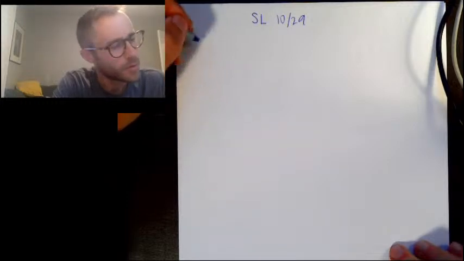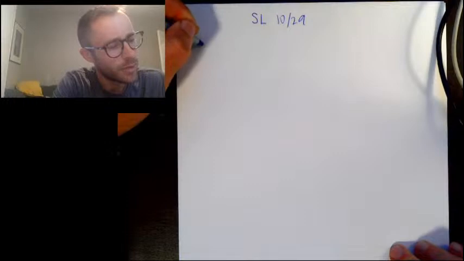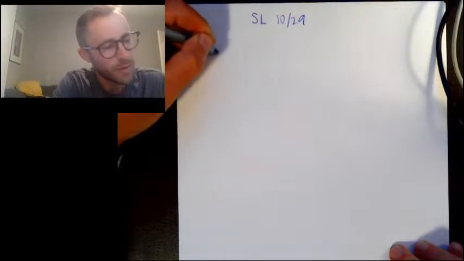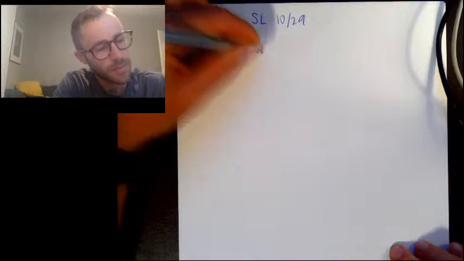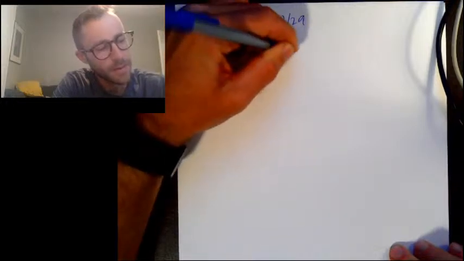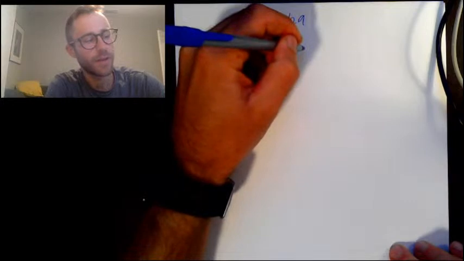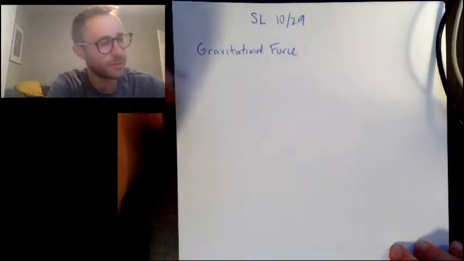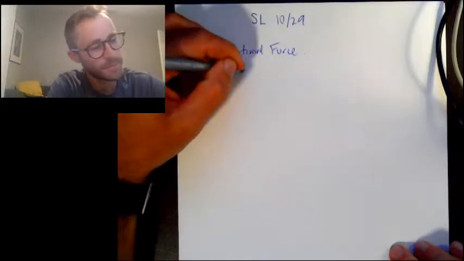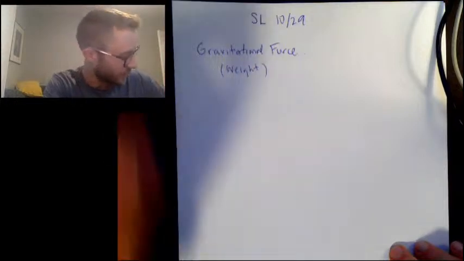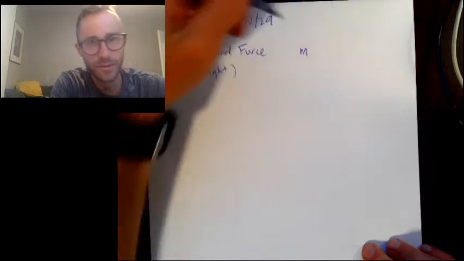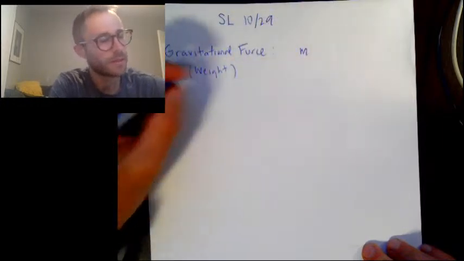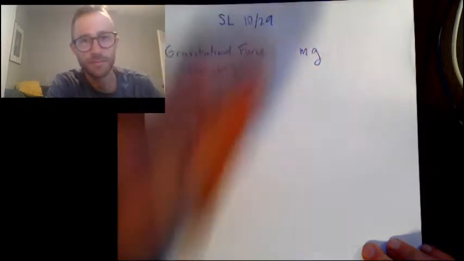Okay. So we learned that the formula for the gravitational force, the gravitational force is called the weight, and it's equal to the mass of the object times g.